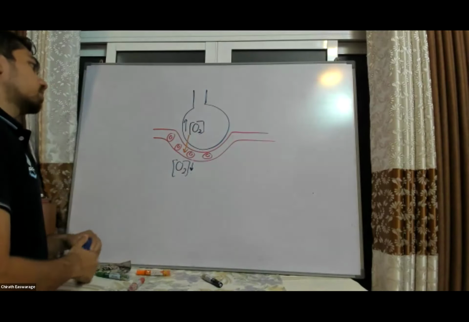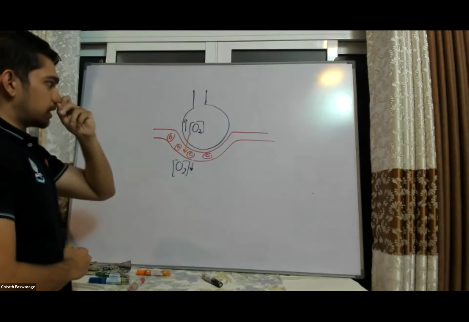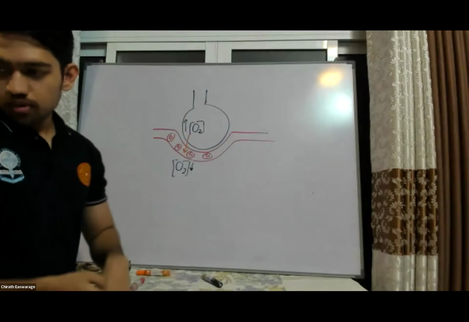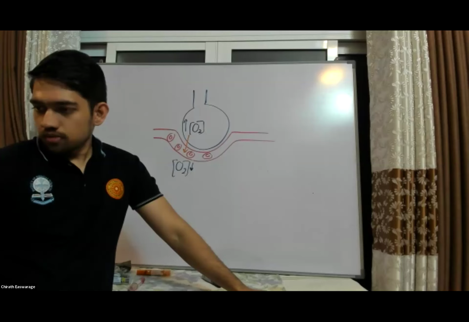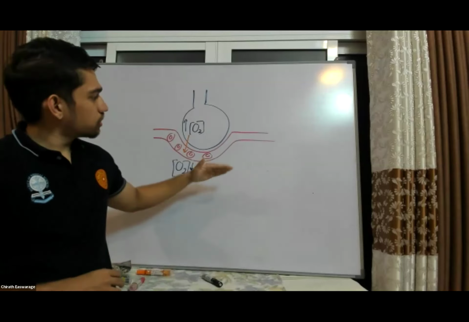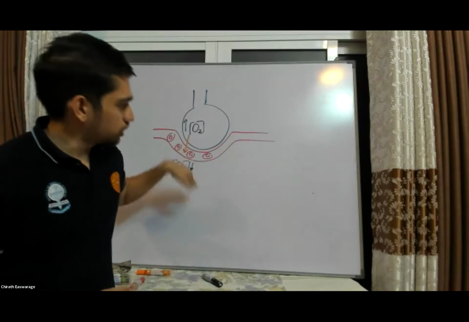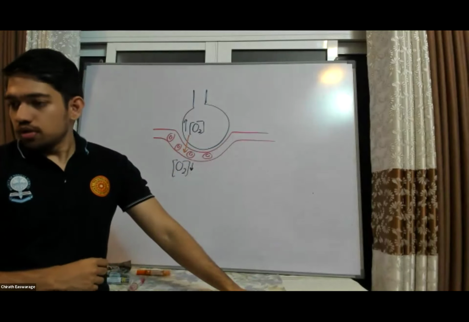The slope, the gradient, is going to be reduced. Then the oxygen doesn't come into the blood as easily. That's why we need a good blood supply with a good flow rate in order to have good gas exchange.